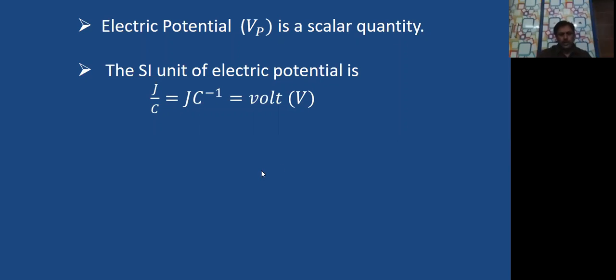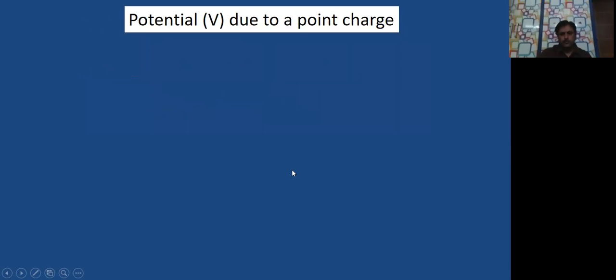The potential at any point is measured in volts. Now, an important derivation for your public exam. Please be attentive and practice this derivation as many times as possible and become perfect. So let us see potential due to a point charge.